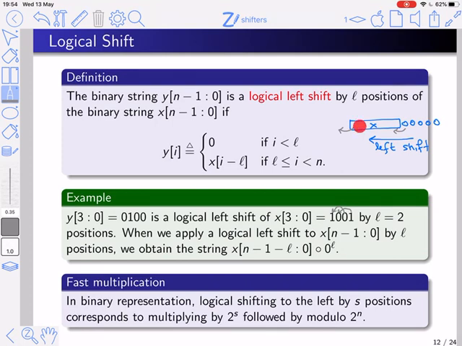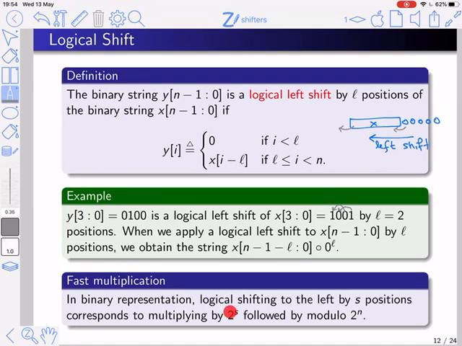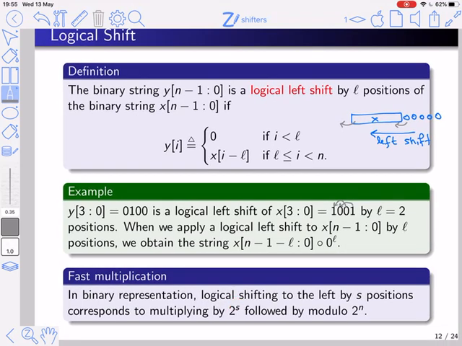And there is a problem because you have these bits which fall out. So you should regard it as multiplying by 2 to the S, followed by finding the remainder when you divide the number by 2 to the n, because these are the bits that are lost. Okay, so logical shift is a fast way of performing multiplication by powers of 2 in binary representation.